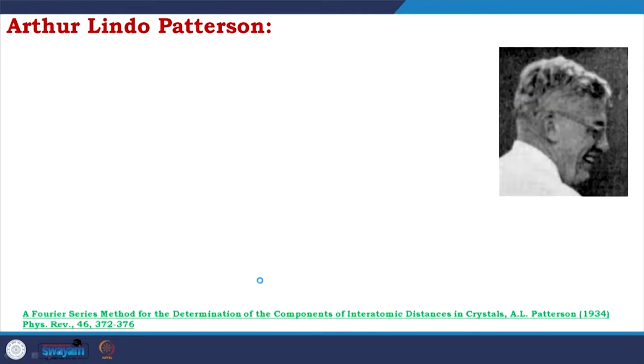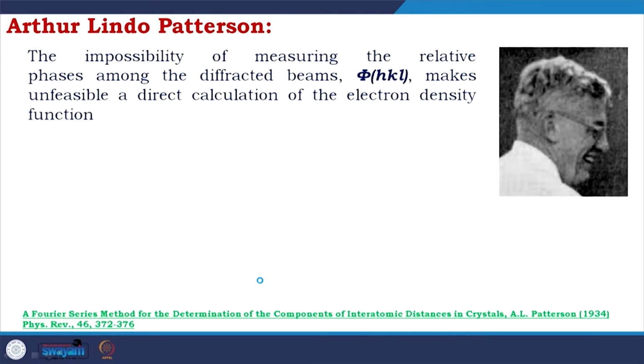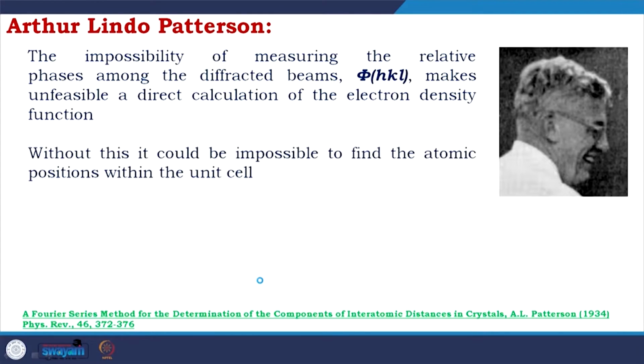And when we are talking about that, we have to introduce Arthur Lindo Patterson. The impossibility of measuring the relative phases among the diffracted beams, phi HKL, makes a direct calculation of the electron density function unfeasible.